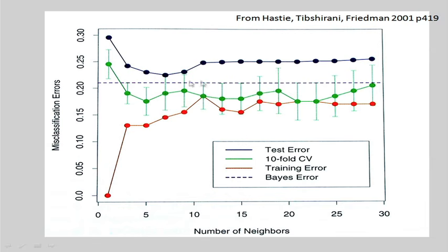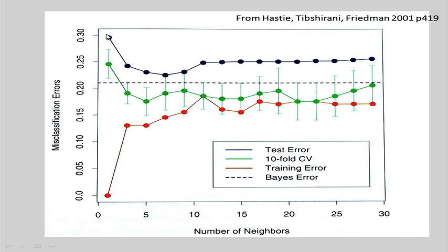The dashed line is Bayes error, which is close to the true error. In the training set, as we increase the value of k, initially the error will increase and then remain almost steady.